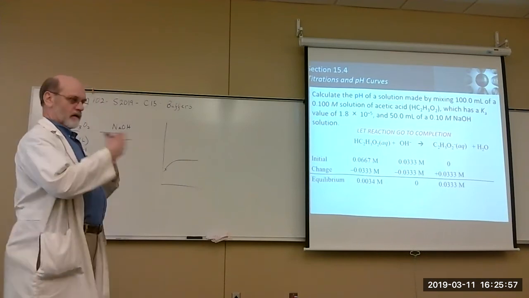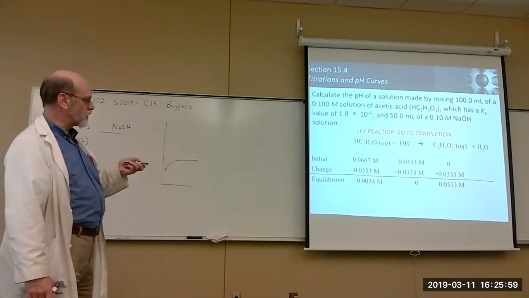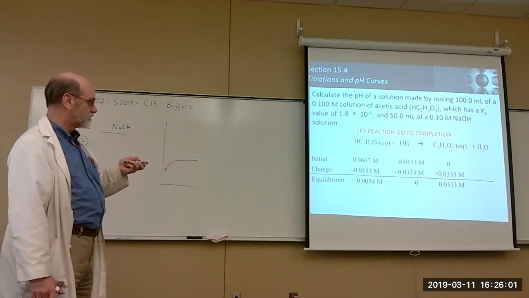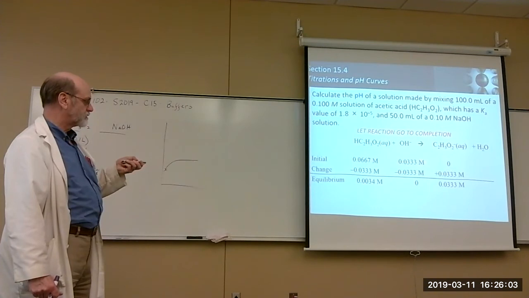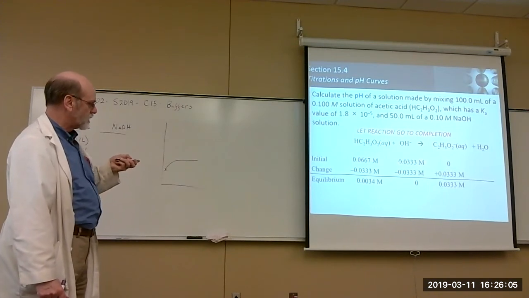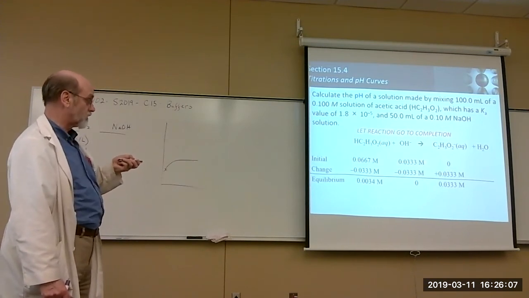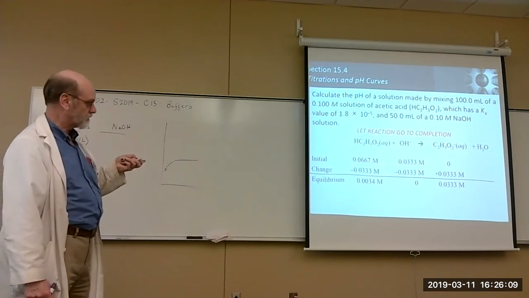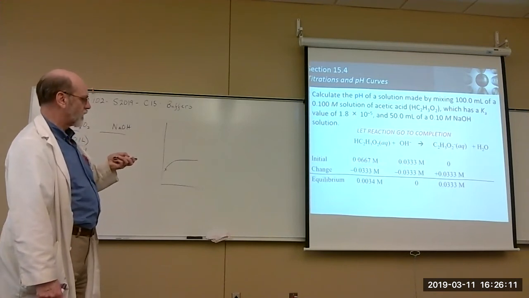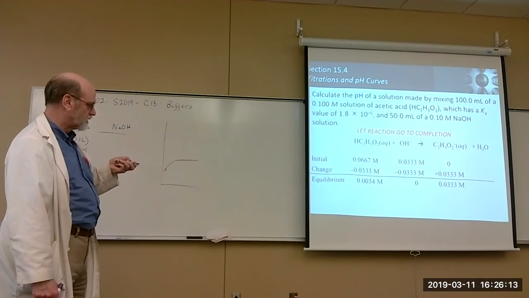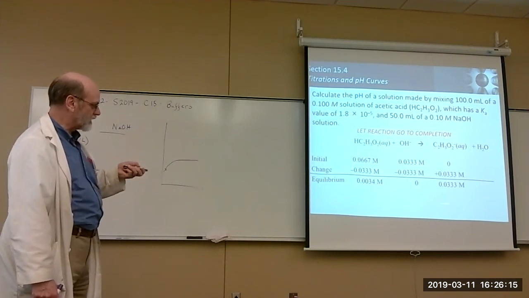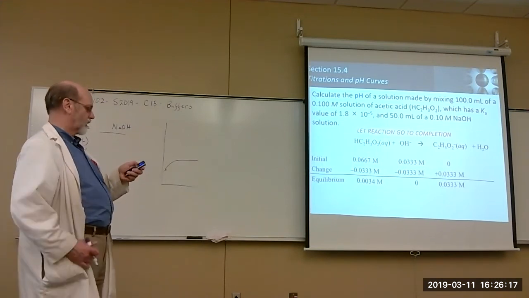So now, the stoichiometry of the reaction uses up all the base, and it has to be zero, right? Because it's the limiting reactant. I'm going to use it all up. We're going to have this left over as the acid and this left over as the base.